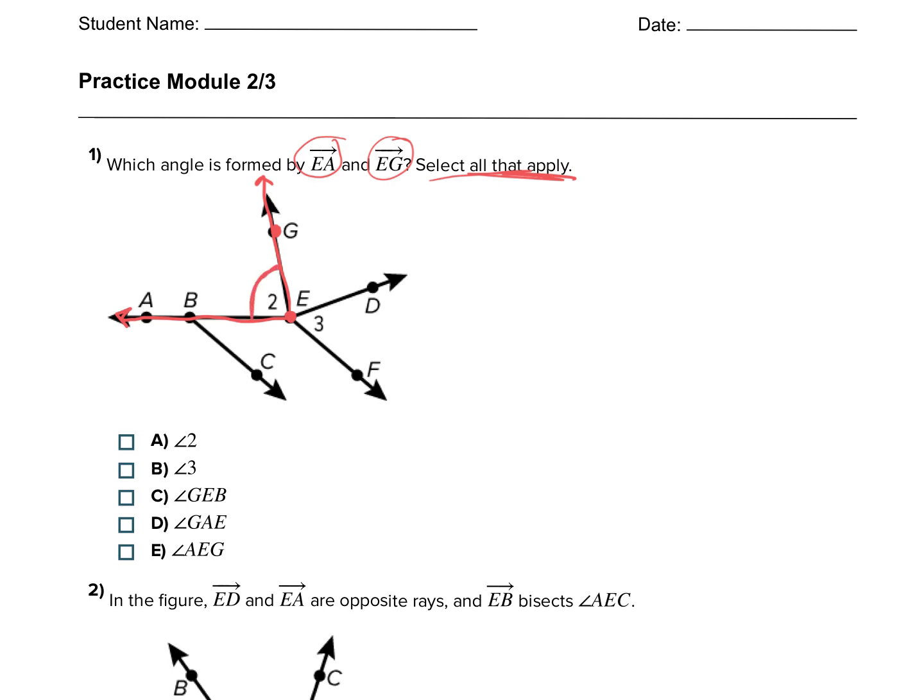So this angle here, obviously, is angle 2. Can't be angle 3 if it's angle 2. And I could also, so G, E, A, I could call it AEG, because remember the vertex has to be in the center.